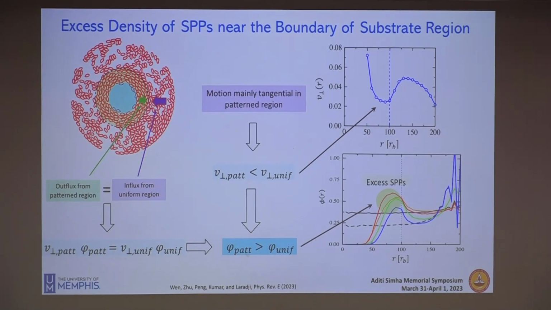So because you have this mass balance, and because the normal velocities are not equal, the density of the particles in the patterned region has to be larger than the density of the particles in the uniform region.